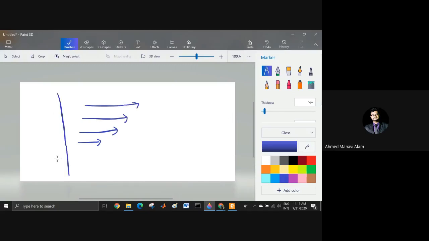So if you have a vector field in the x and y direction, something like this, and suppose you have put a stick here. Now what will happen? You see that in the upper portion the vector field is larger than the lower portion, because these are long lines, which means the value is higher.